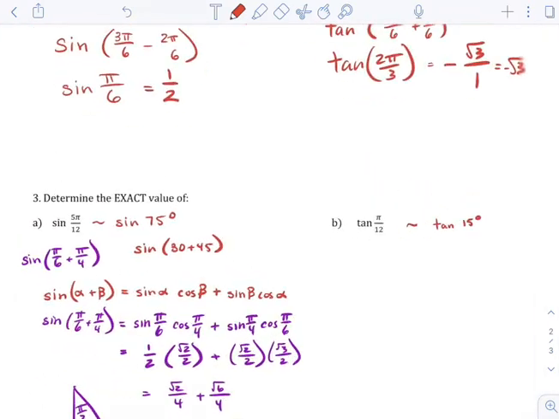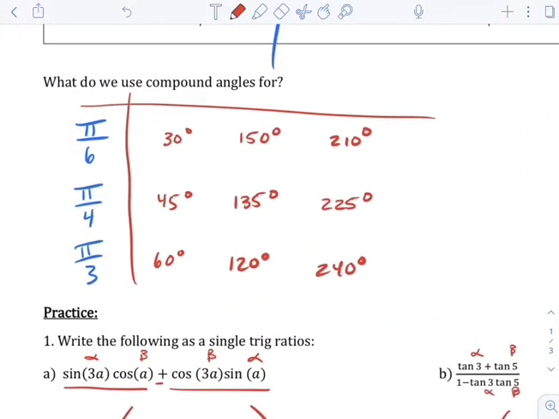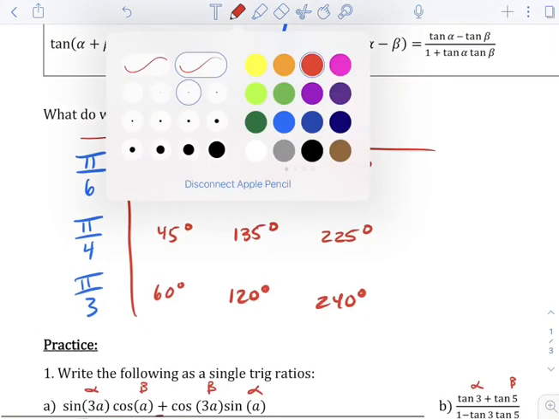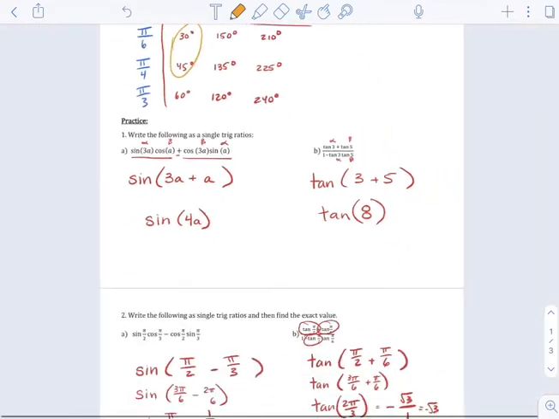So let's think about our exact values that we know. I want 15 degrees, so it does not matter how I get there. I can take 60 minus 45, subtract those. Or I can take 45 minus 30, subtract those. Does not matter. So choose one or the other. Maybe I'll choose 45 minus 30 for that.